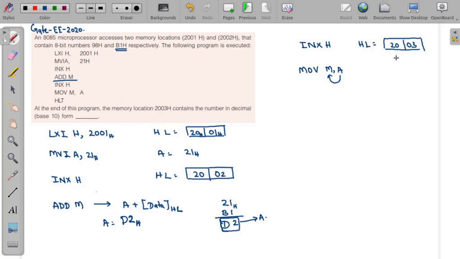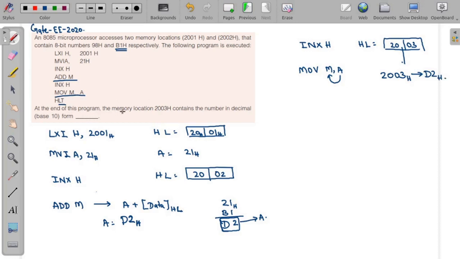So the HL register pair is basically denoting this 2003H memory location, and in this memory cell what is the data present? It is D2H, okay. Then we have halt.